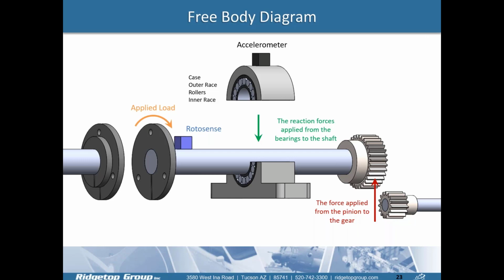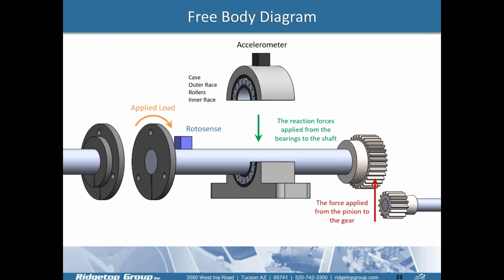But the fact is that this signal, this force, must go through all layers of a bearing. It goes through the inner race, roller, outer race, and case, and finally gets to the accelerometer and is recorded. Going through all these layers causes us to lose some part of the signal, and some part of it will be damped. I would say this is one bad feature about measuring the signal in this way.